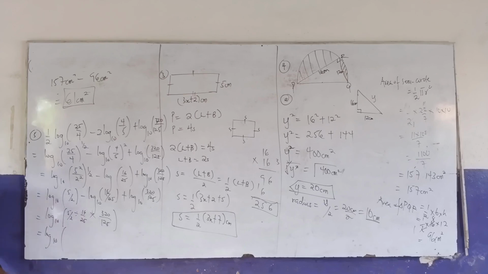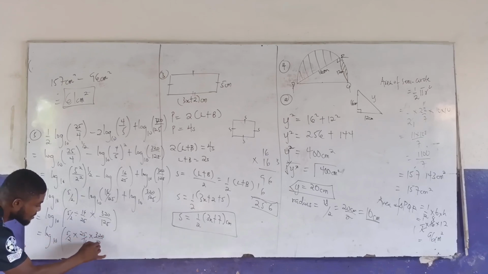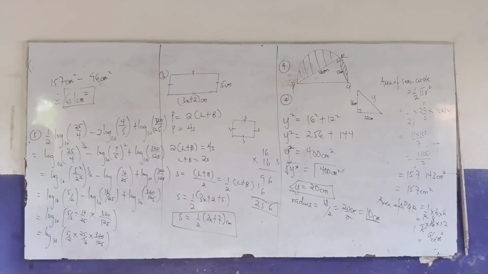Now I change the division to multiplication and I reciprocate the numbers here. So 5 on 2 times 25 on 16 times 320 on 125. Okay.